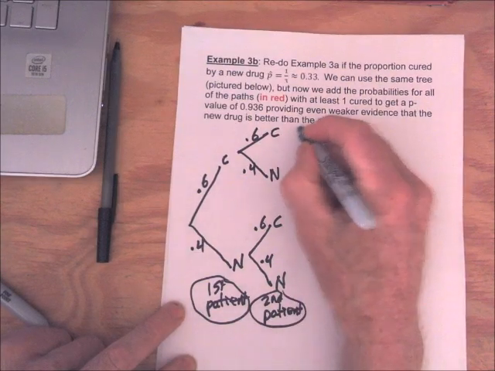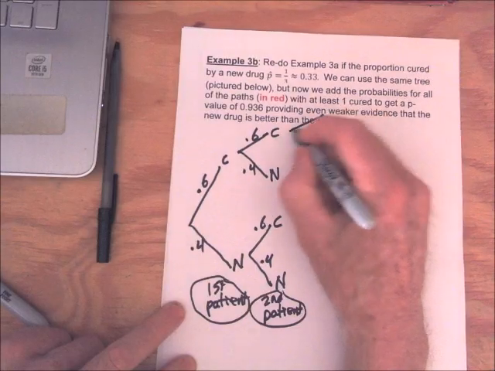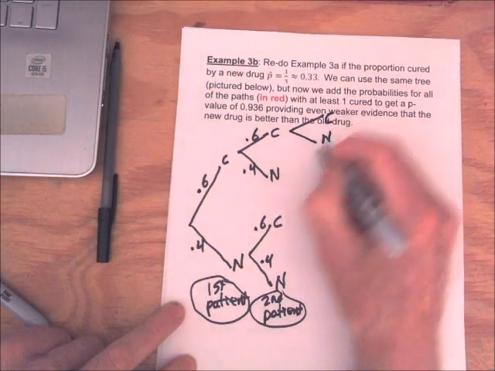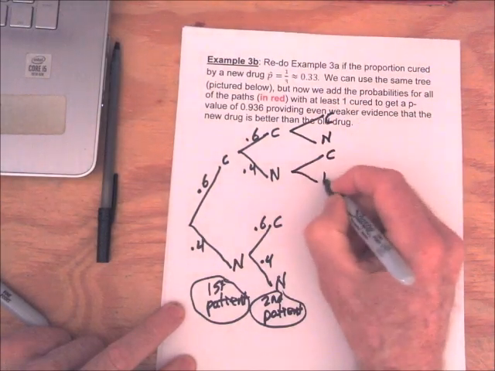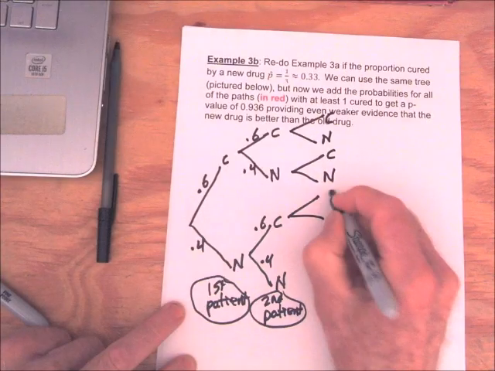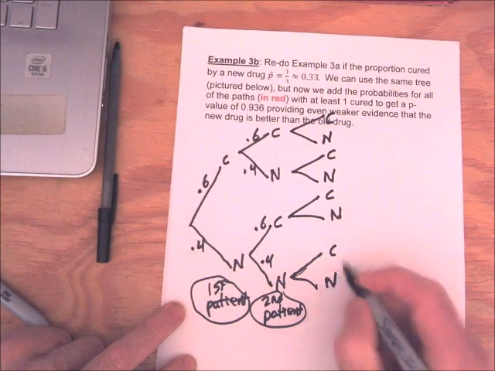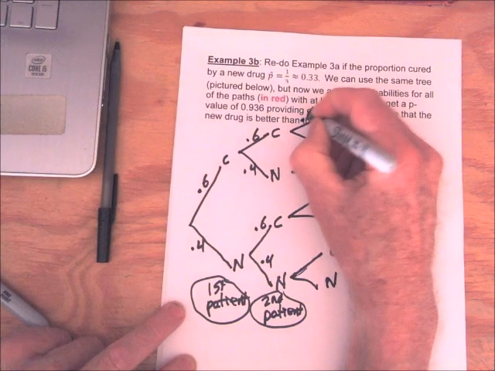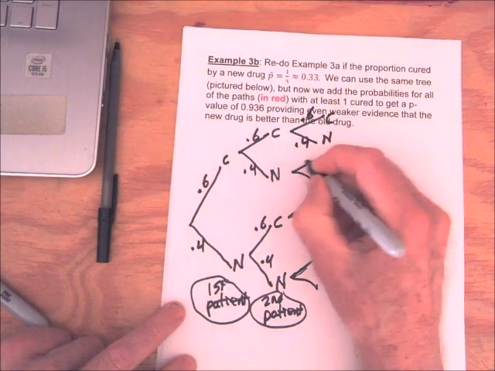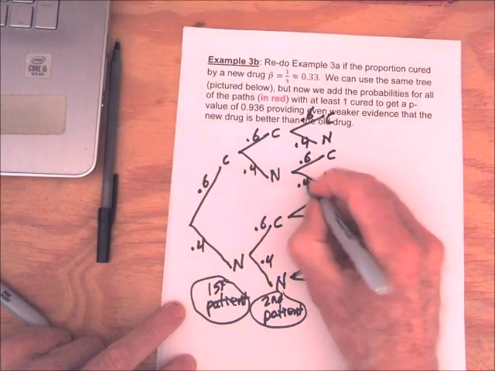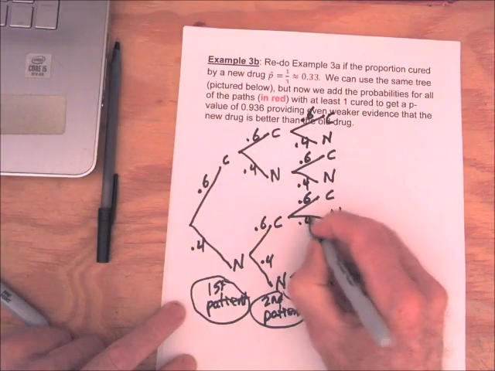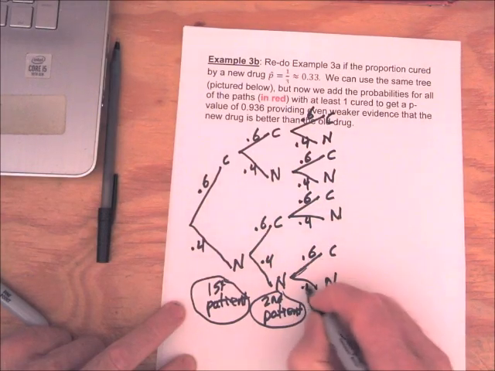Third patient is also either cured or not. And the probabilities are 0.6, 0.4 on each branch.